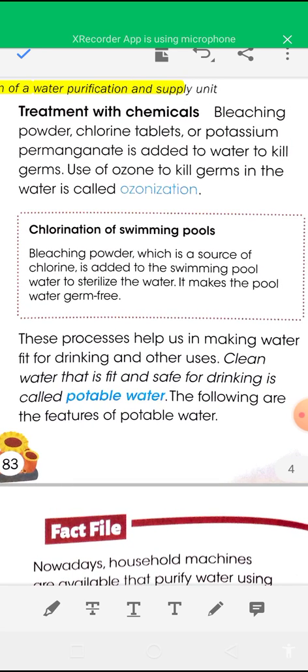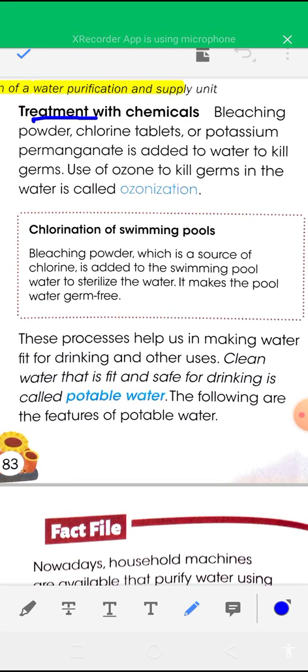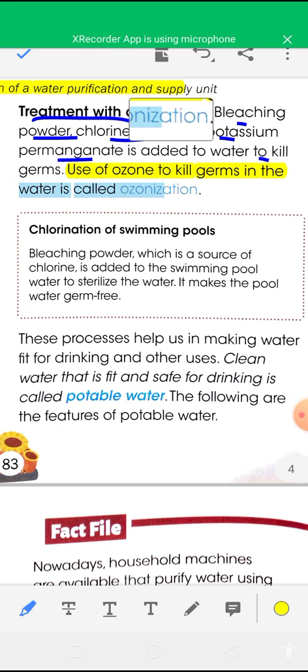Third method is treatment with chemicals like bleaching powder, chlorine tablet, potassium permanganate. These chemical substances can kill the germs present in water. The use of ozone to kill the germs present in water is called ozonization.